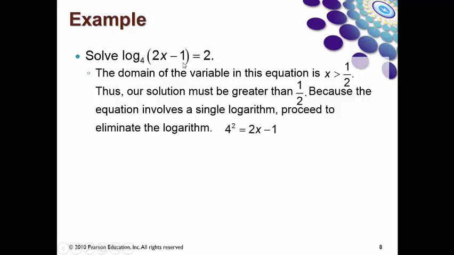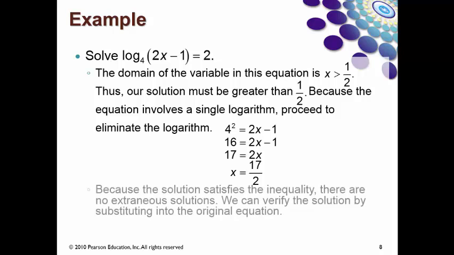So 4 squared needs to equal 2x minus 1. 16 equals 2x minus 1. 17 equals 2x. x has to be 17 over 2. And because that is bigger than 1/2, the solution satisfies the inequality, so we don't have any extraneous solutions. And we can verify the solution by substituting it into the original equation, and we will obtain a true statement.